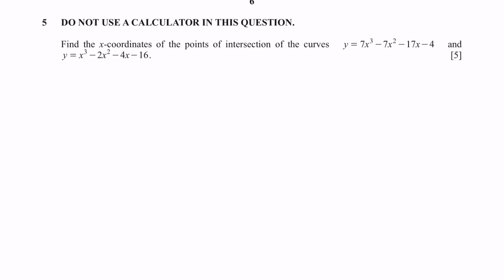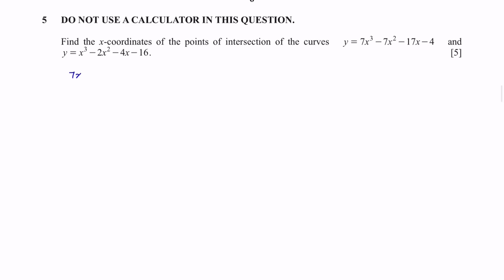Question 5. Find the x-coordinates of the points of intersection of the curves y equals 7x cubed minus 7x squared minus 17x minus 4 and y equals x cubed minus 2x squared minus 4x minus 16. So that means we need to equate these two equations together.